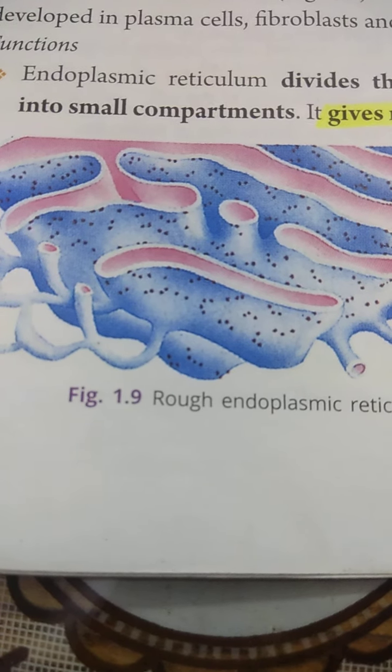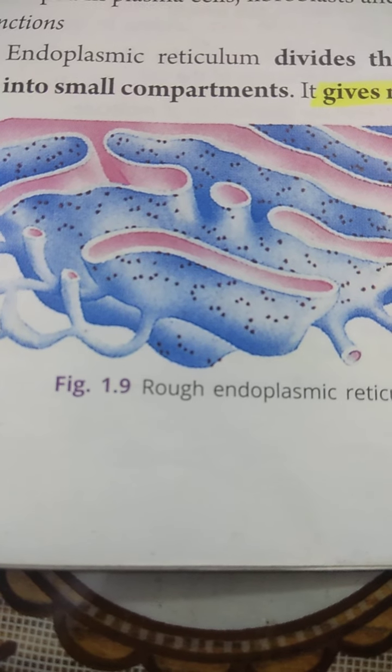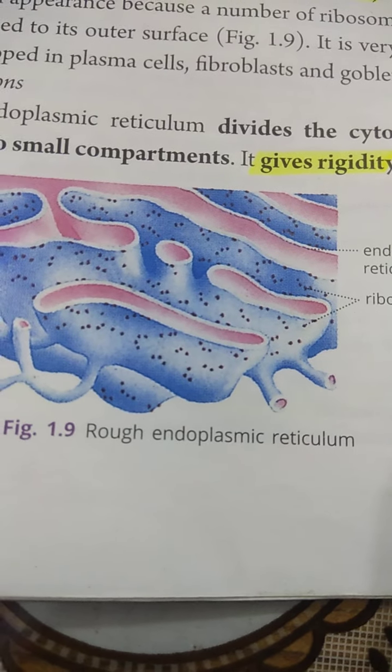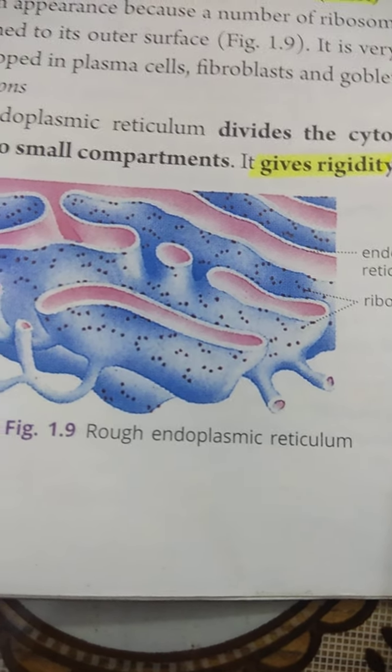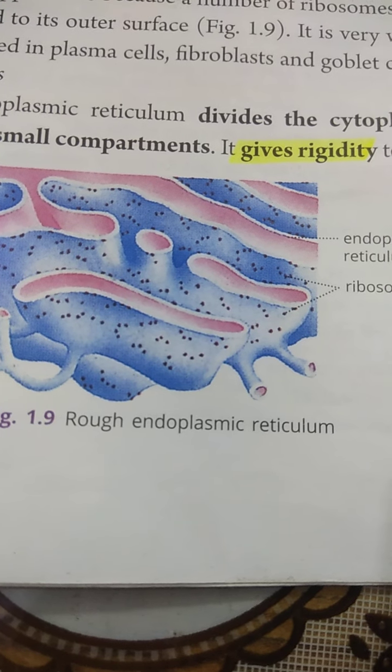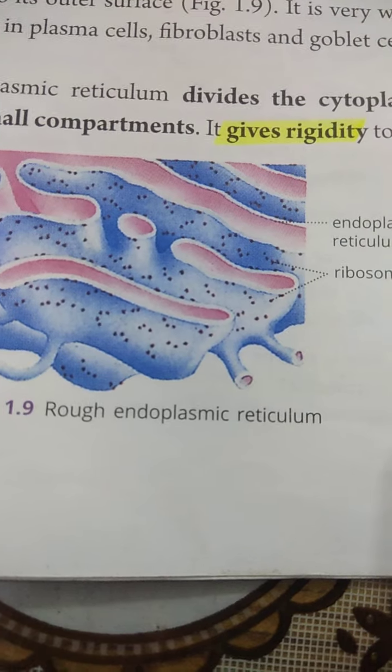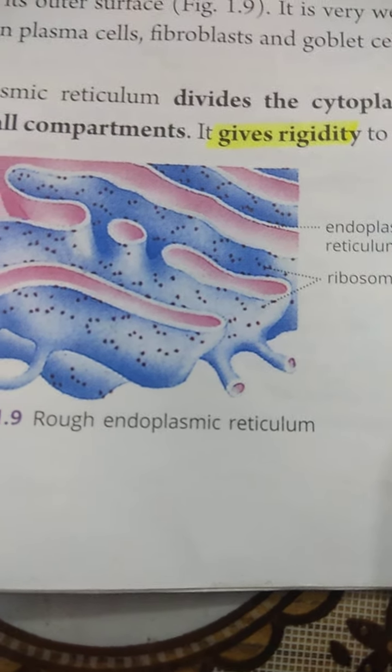Rough endoplasmic reticulum is also known as RER, and it is found in fibroblasts and goblet cells. And smooth endoplasmic reticulum is also known as SER, and it is found in liver cells and muscle cells.